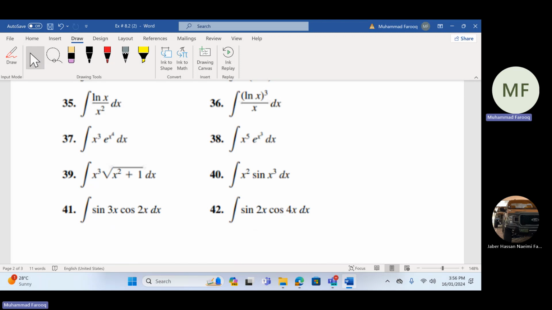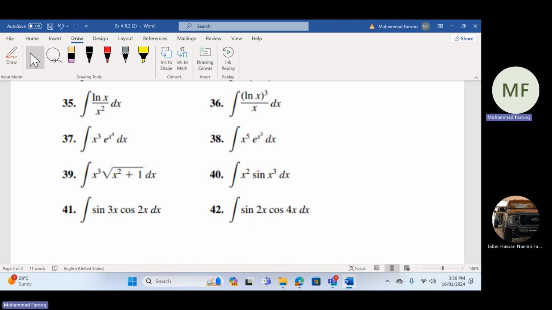37 and 38 are slightly different questions. Different means in 37, when you start substitution, you will be surprised, it is no more by parts. Even 38 is okay, but in 37, I think by parts is not required.